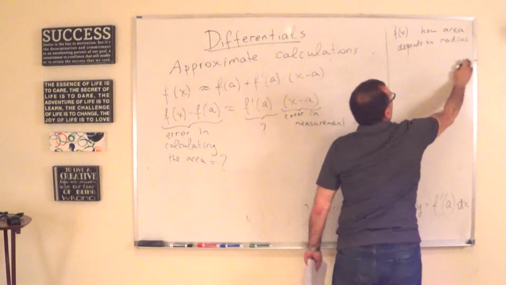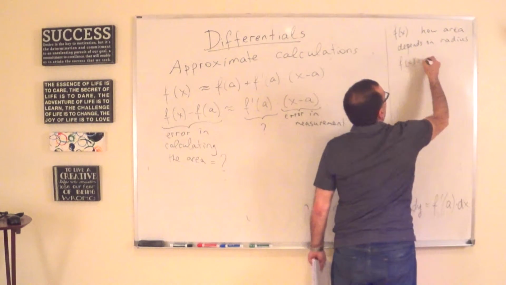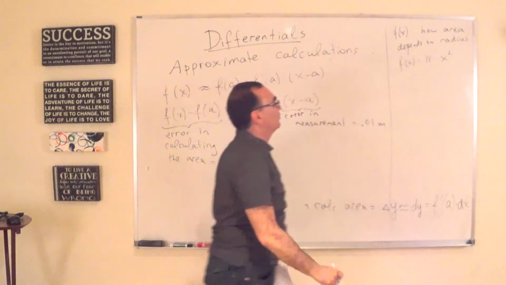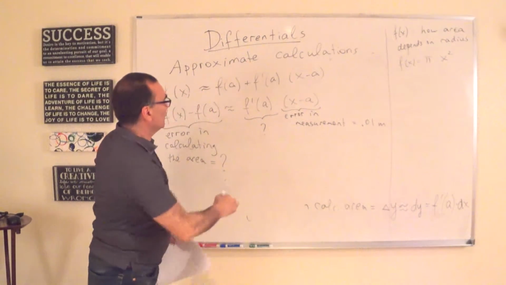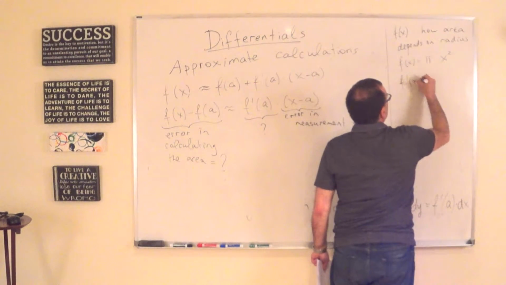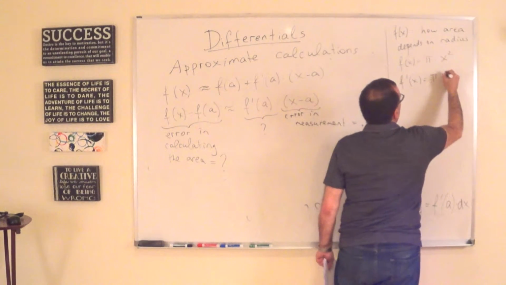So now radius is x. So f of x is just pi times x squared, because x plays the role of radius now. And in order to figure this out, we need to do derivatives. So f prime of x is pi times 2x.